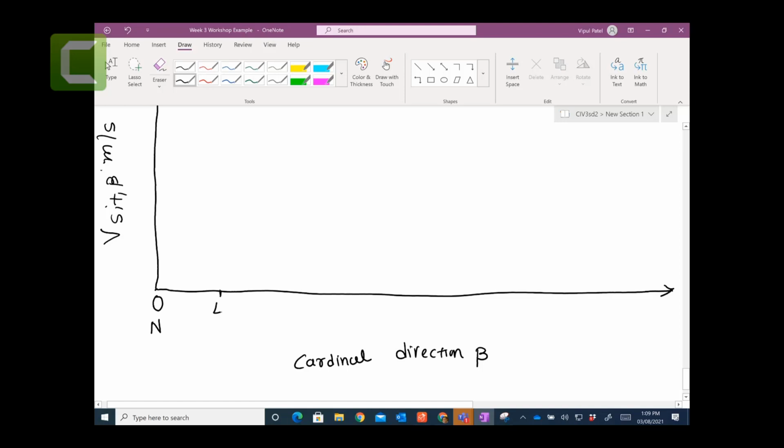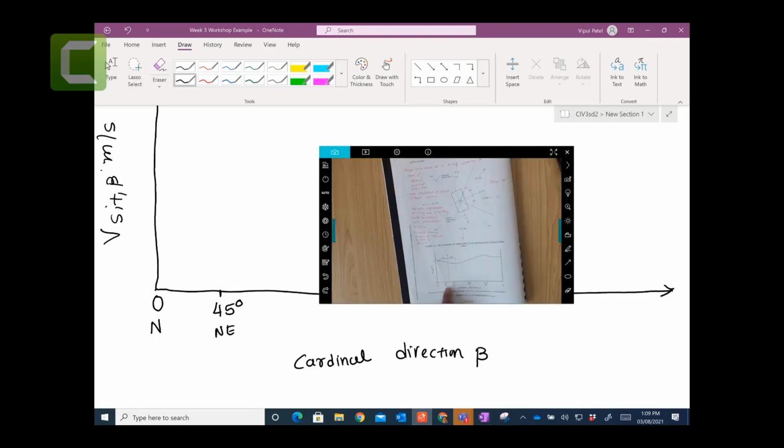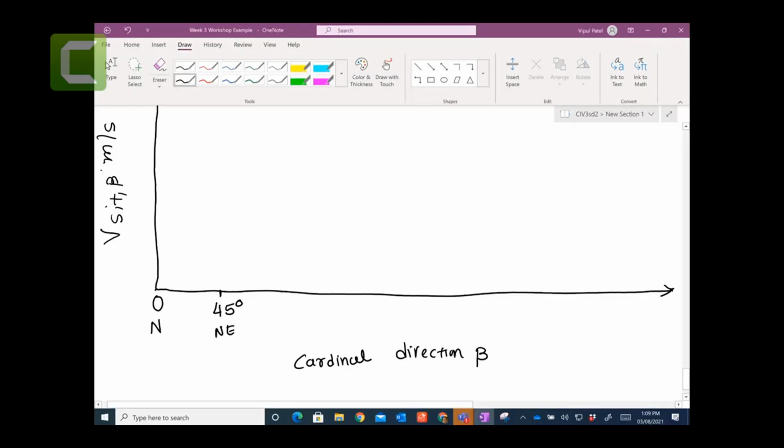Then the second one, 45° northeast. 90° east. Then you have southeast. You need to add 45° here, and southeast.